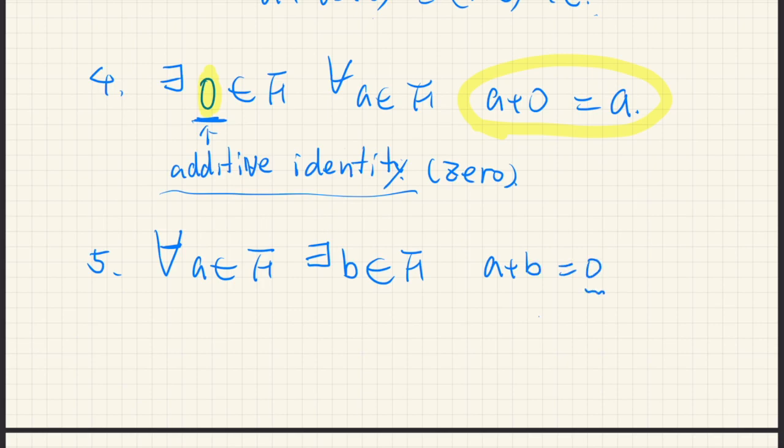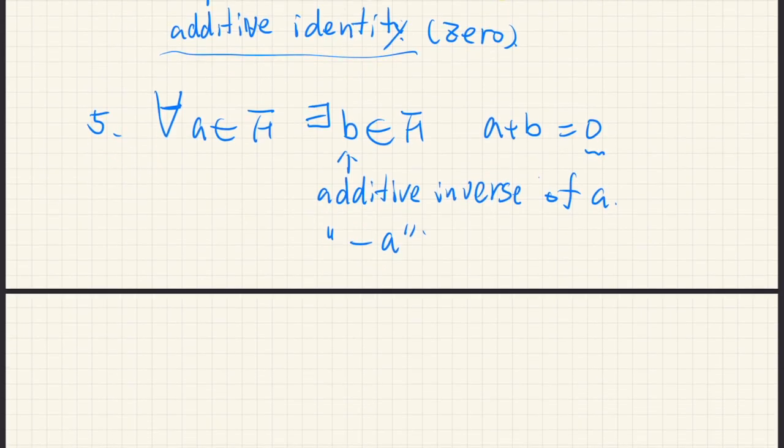So this 0 is the additive identity of F. Such B is called additive inverse of A, and it's denoted by negative A. So A plus negative A is equal to 0. So we can always find additive inverse for any element in F, if F is a field.